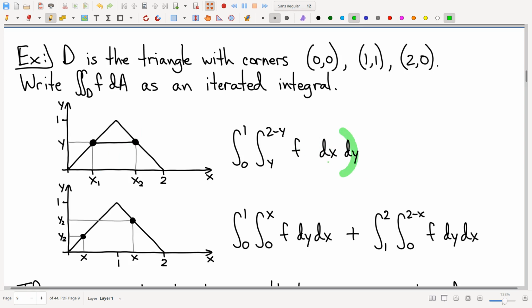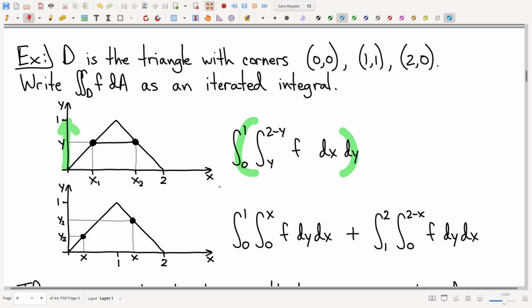It's not hard to persuade yourself that y goes from 0 to 1. And then for any given value of y, if I look at the range of values of x, x will go from that point to that point. I'm going to let you all think through the details, and those points indicate these bounds for x. Okay. Make sure you can fill in those blanks.